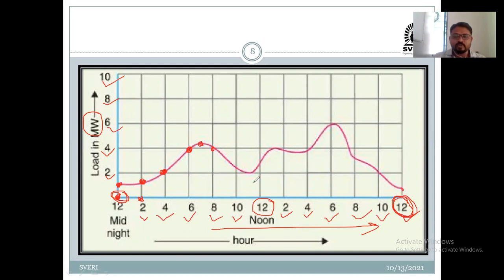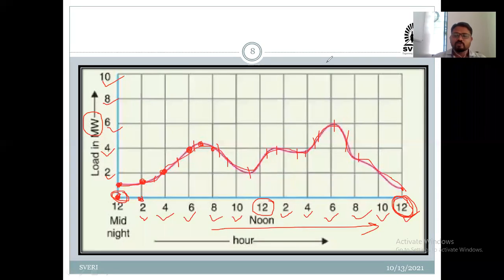What I did, at every 2 hours or every hour, I checked how much load is there, and as per the scale I have taken on this y axis, I plotted it. Whenever I join all these points, I will get one curve, and that curve is known as the load curve. Everybody got it?